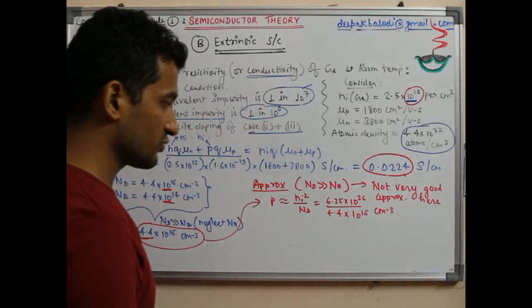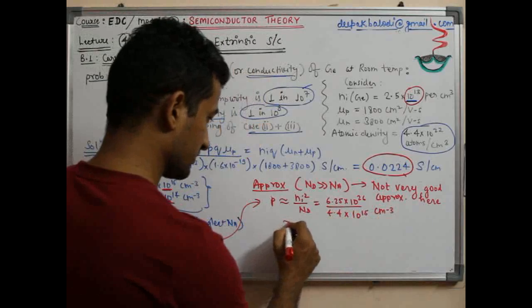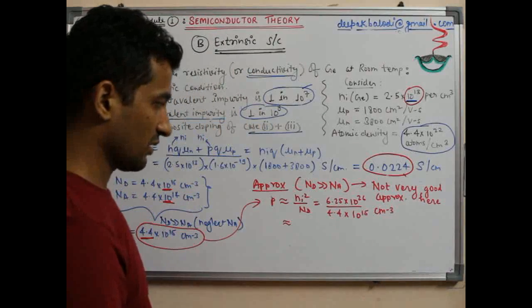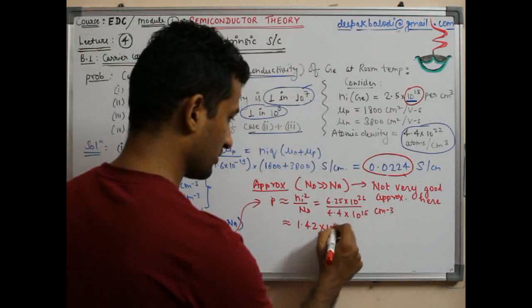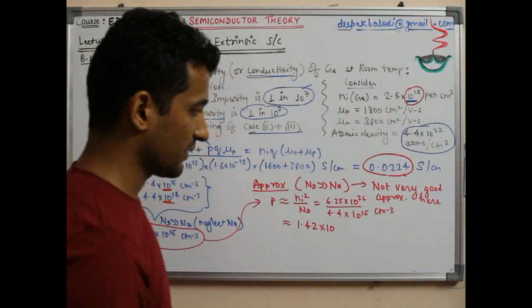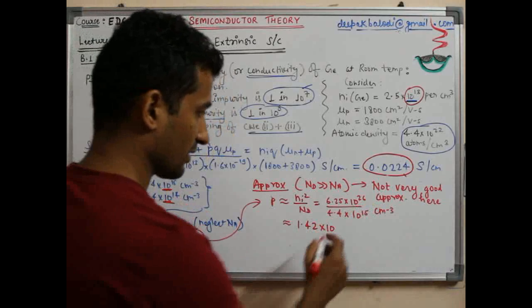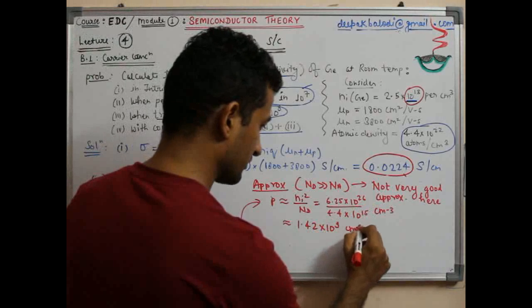So this will come around 1.42, as we have already calculated, into 10 to the power 9.